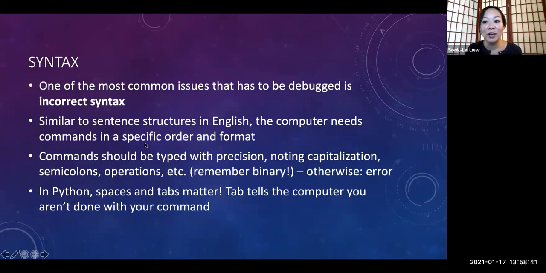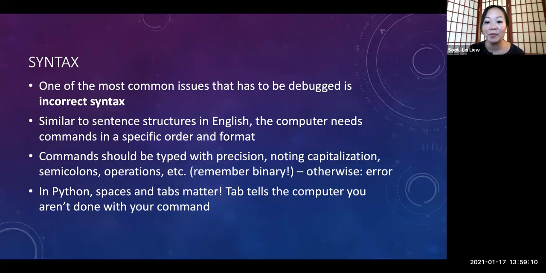Okay, so at this point, I feel like it's also important to talk about syntax, because in addition to data types, syntax is the other most common reason why in the beginning people get bugs and errors. Like we talked about, similar to sentence structures in English, the computer needs commands in a specific order and a specific format. And remember from binary, no extra spaces, make sure nothing is capitalized.